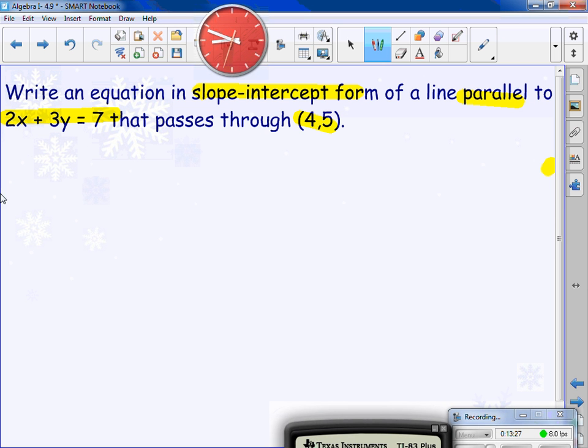This needs to be rearranged. This 2x needs to move to the other side. Three y equals negative 2x plus 7. Now what do I need to do? Divide everything by 3.